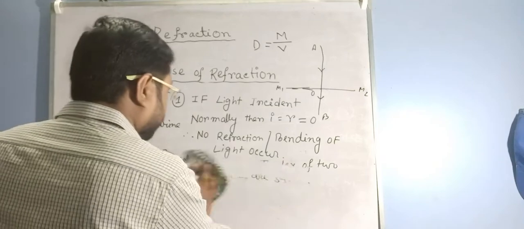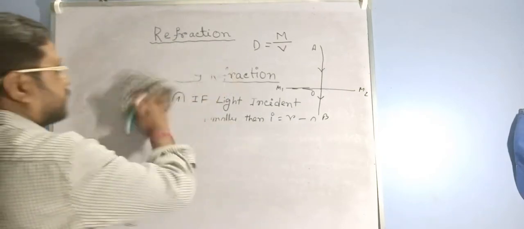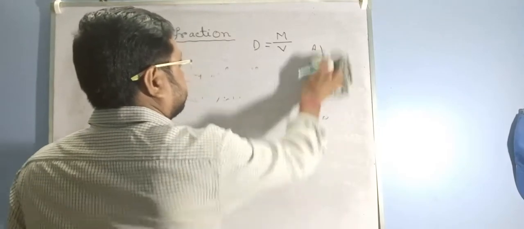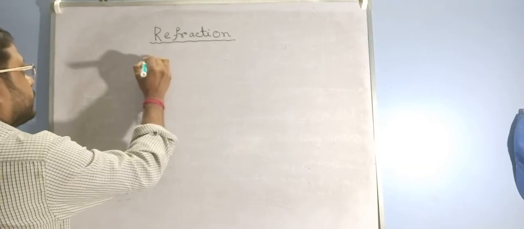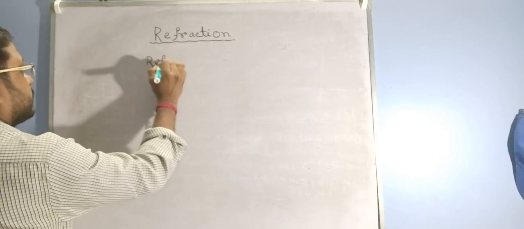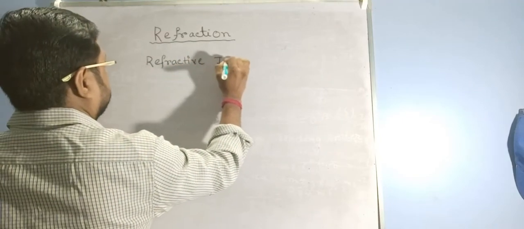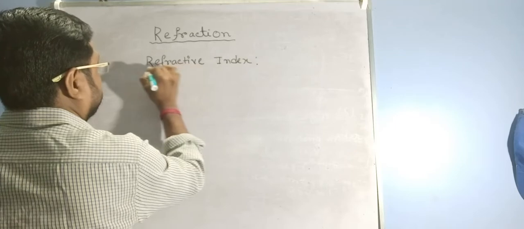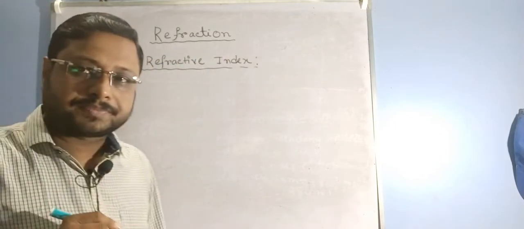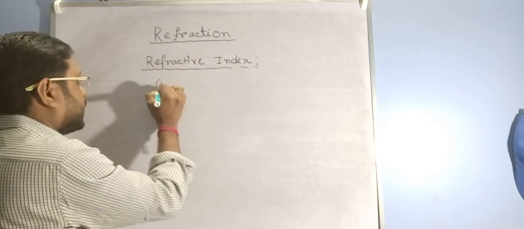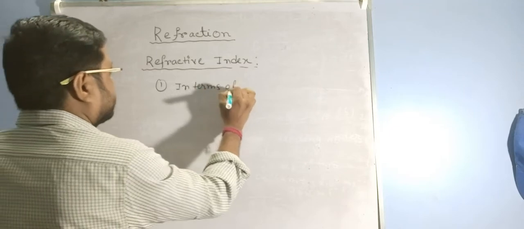Now, what is refractive index? Refractive index is given in terms of the speed of light.